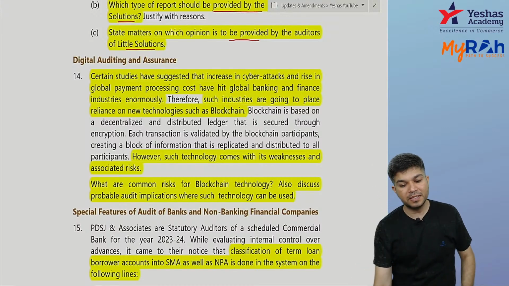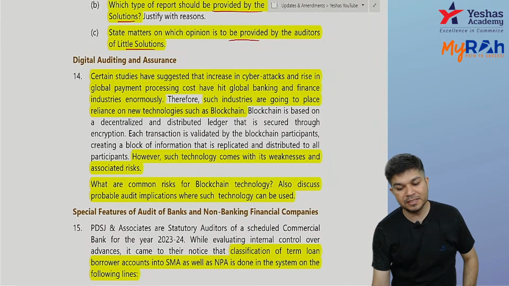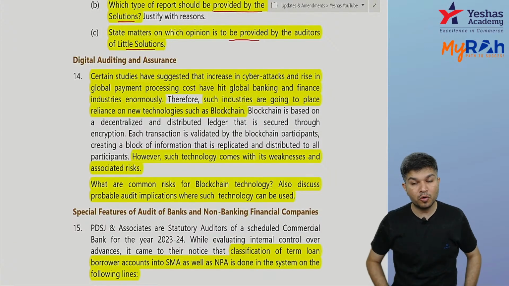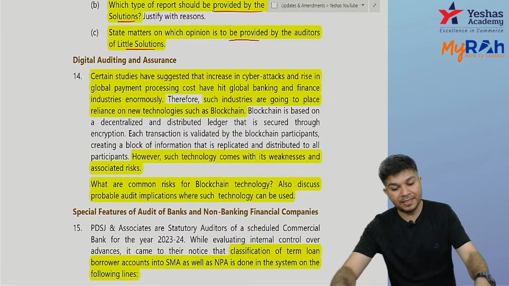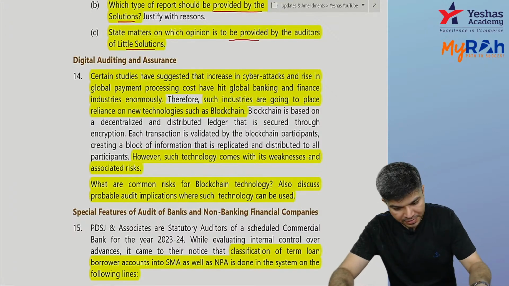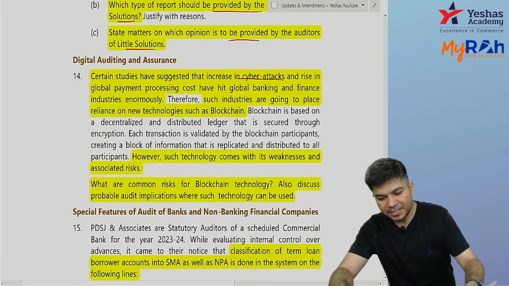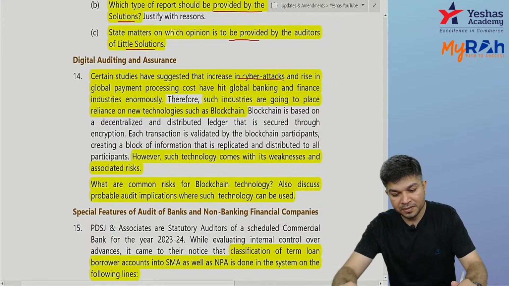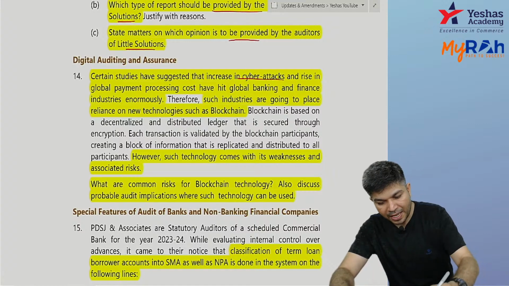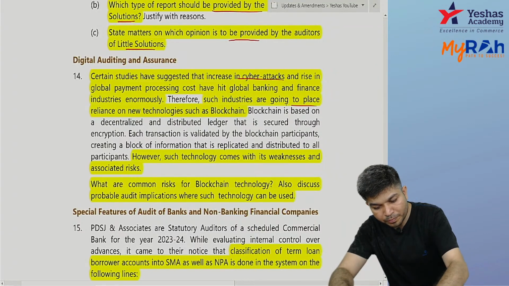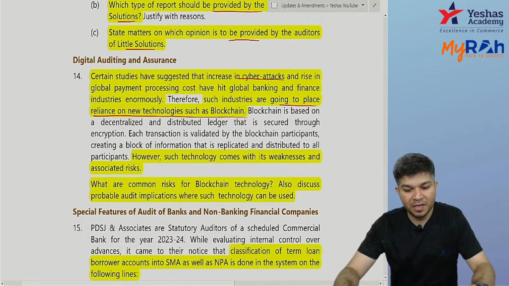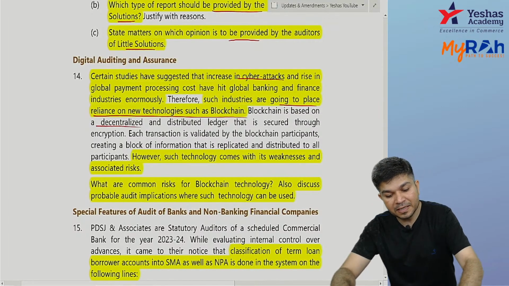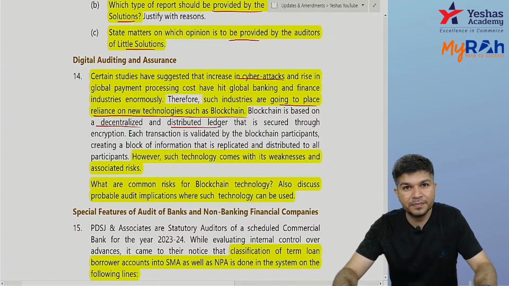Certain studies have suggested that the increase in cyber attacks and the rise in global payment processing cost have hit the global banking and financial industry enormously, and they are going to place reliance on a new technology named blockchain. You know, blockchain is a decentralized distributed ledger.